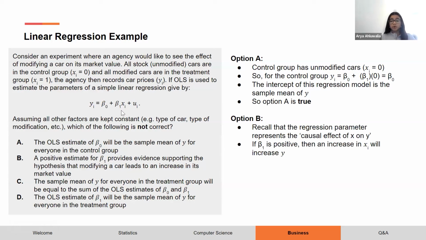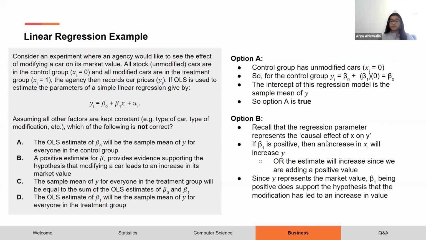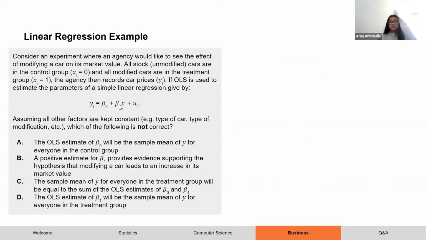So if beta 1 is positive and we increase Xi, then Y will also increase because it's a positive relationship. You can also think about it as, since we're adding a positive value, obviously the output value will be higher than before. Since Y represents the market value, beta 1 being positive does support this hypothesis, that means option B is also true. So moving on to option C.